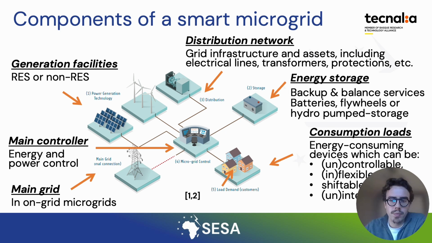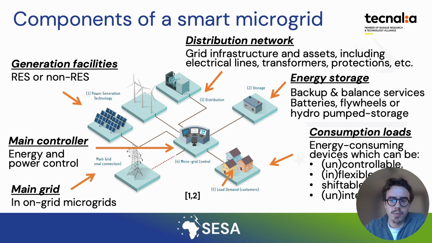Then on the right we can see the consumption loads, which are basically the consuming devices connected to the microgrid, which can be, for instance, household lighting systems or productive devices like irrigation systems. These loads can be additionally divided into different categories, as you can see in the picture.